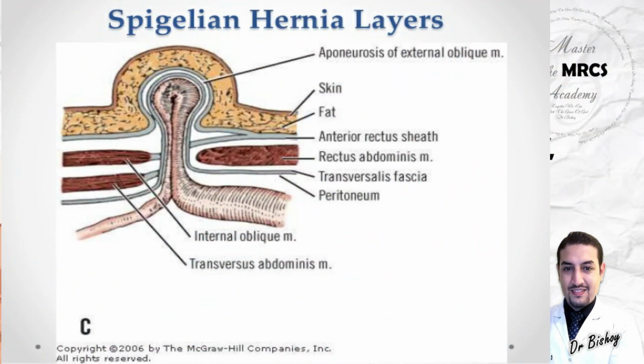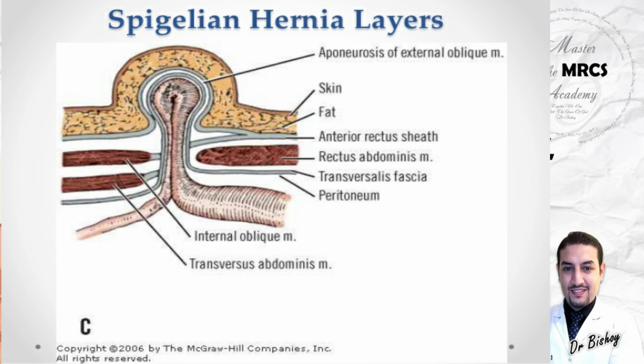Another famous hernia is the Spigelian hernia. It's along the linea semilunaris at the junction of the lateral abdominal muscle and the rectus sheath. You all know that the anterior abdominal wall muscles, the external oblique, internal oblique, transversus abdominis and fascia transversalis, all converge to form the linea alba, which continues and forms the rectus sheath.